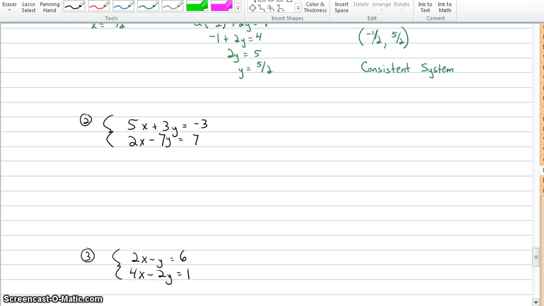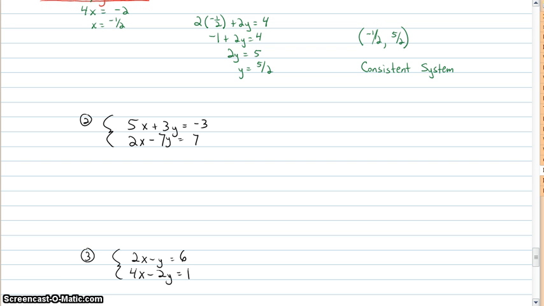So I'm going to multiply both equations by something. I'm going to multiply the first equation by negative 2 and the second equation by 5. When I multiply the top equation by negative 2, I have negative 10x minus 6y equals a positive 6. In the second equation, I have a positive 10x minus 35y equals 35.